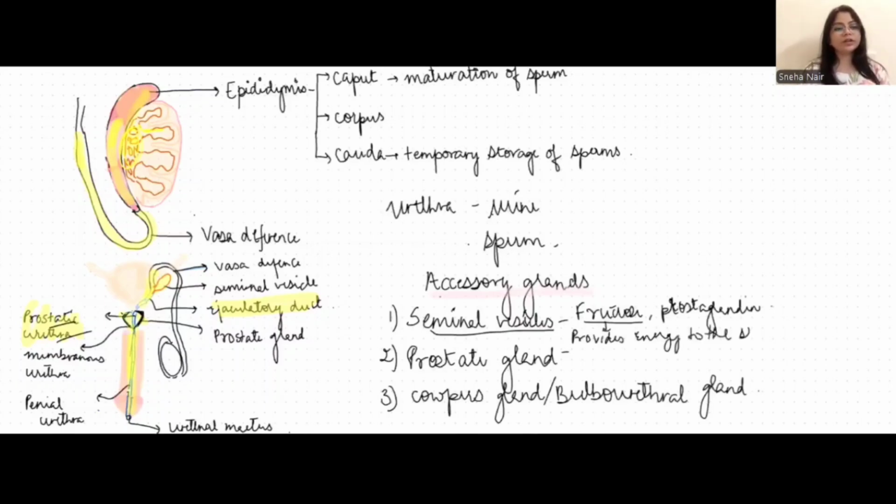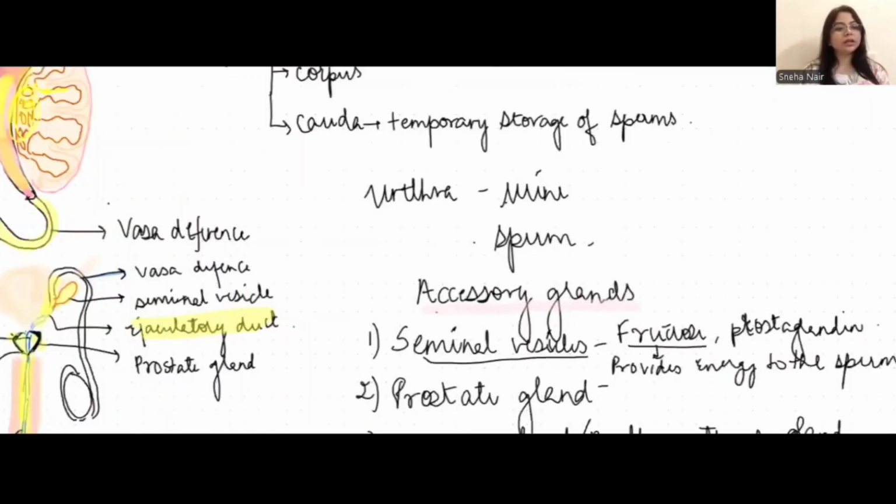Now, what is the function of prostaglandins? Prostaglandins are responsible for very mild contraction in the uterus and fallopian tube. Now, these contractions help in movement of the sperm towards the fallopian tube, where the fertilization between the male gamete, that is sperm, and ova will take place.